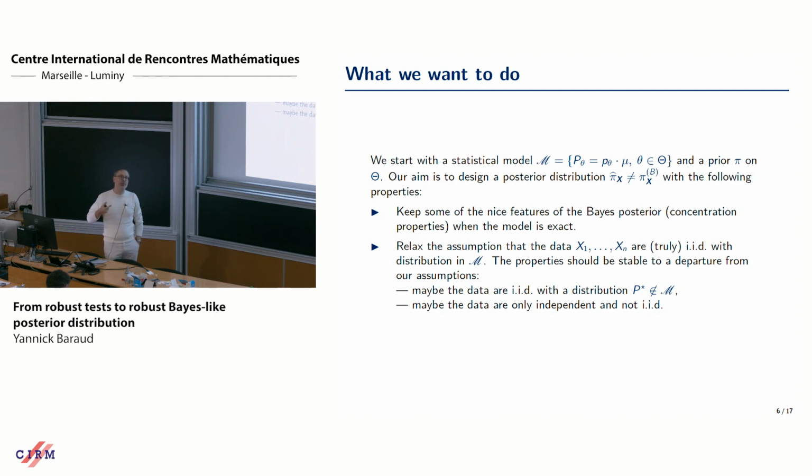And even if they were i.i.d., I don't want to assume that their distribution necessarily belongs to the statistical model I started from. I just want to consider that a statistical model is a reasonable approximation of the truth, but not necessarily exactly the truth.